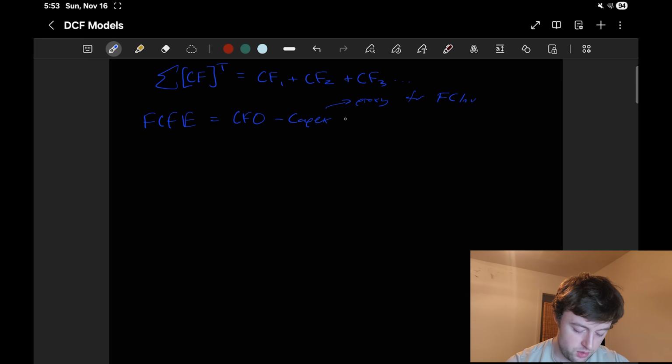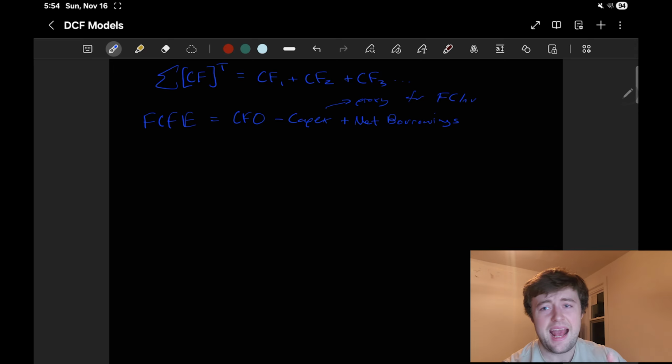Okay, and then we're going to add our net borrowings as well. So what net borrowings are, basically, how much do we pay back the debt holders, or how much debt was retired versus how much do we take on.